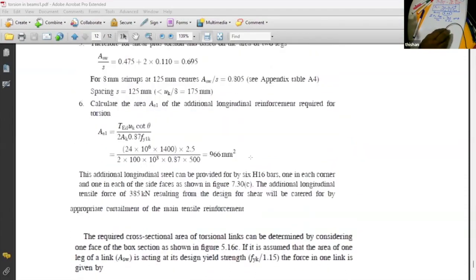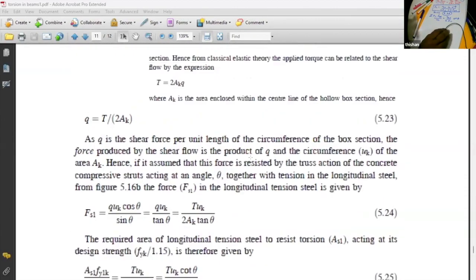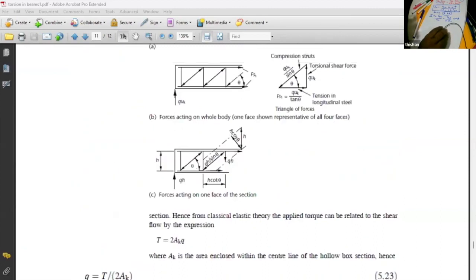So if you look at this diagram now, here you can see this h cot theta. Over h cot theta, what is the force? Vertical force. Over this distance, the vertical force is q h.